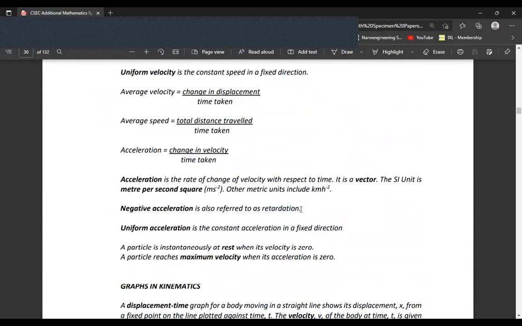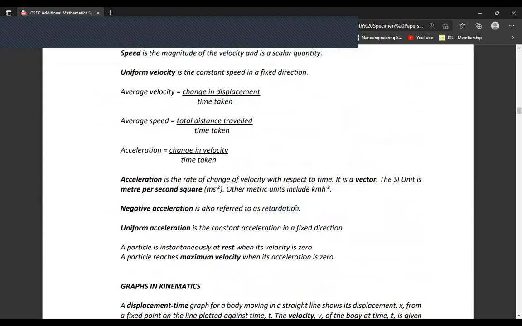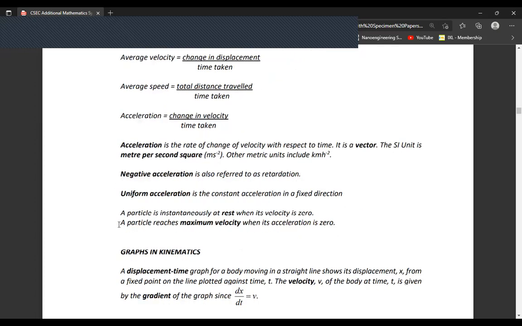A deceleration is also called a retardation. So just note that, right? I've never seen this in your past papers, but still, just note it. Uniform acceleration, instantaneously at rest, maximum velocity.